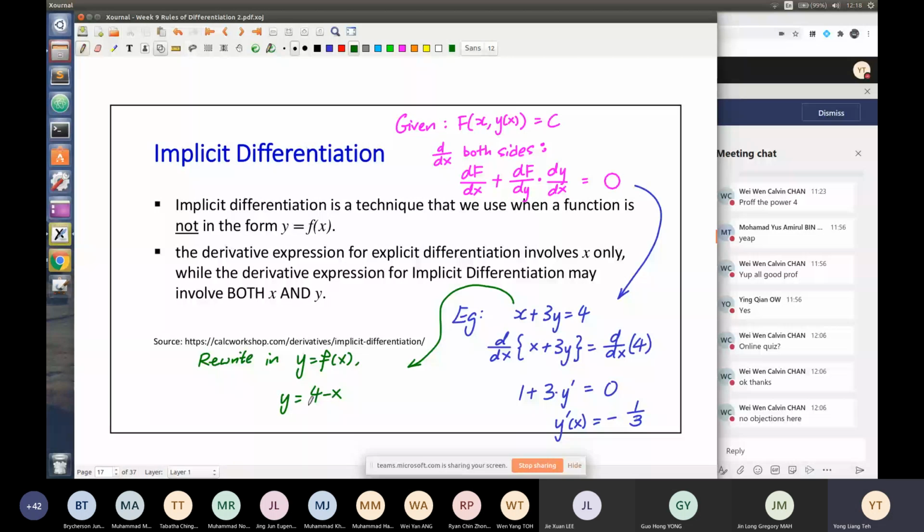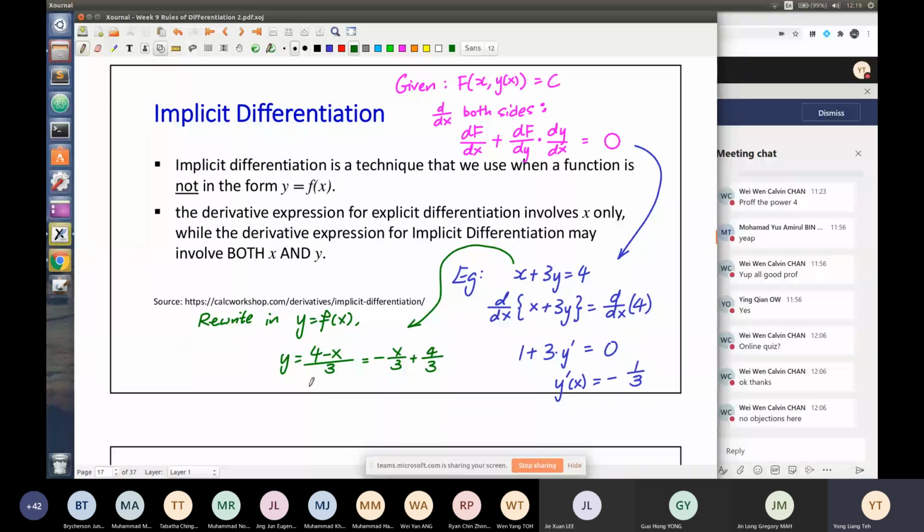No objections, right? 4 minus x over 3, which is effectively just minus x over 3 plus 4 over 3. So I think immediately you can see that y prime x is just minus 1/3, which is definitely the same as that given by the implicit differentiation.